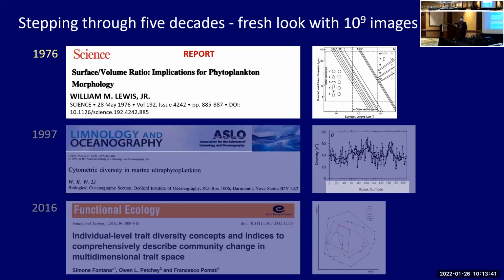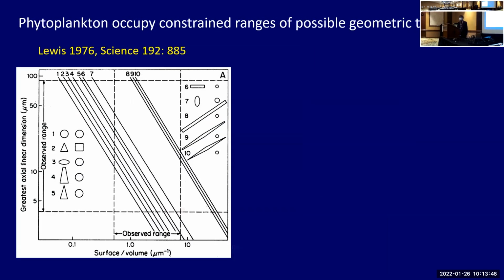So I want to start with this seminal paper by Lewis in 1976. Lewis proposed this 2-axis trait framework, a combination of important factors. Just 1 minute, let me get rid of this. And variability and trade-offs that is, I think, a very compact way of looking at important aspects of the size shape envelopes that phytoplankton occupy.